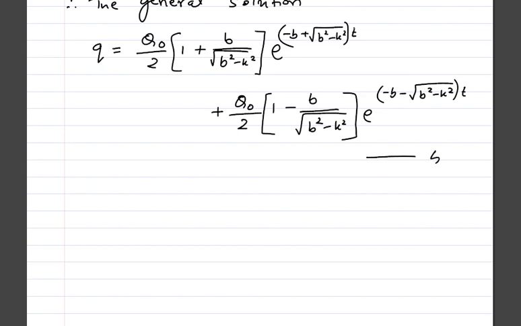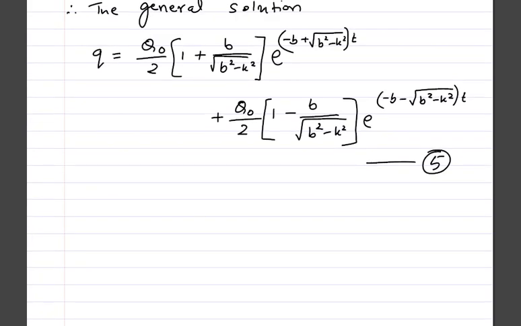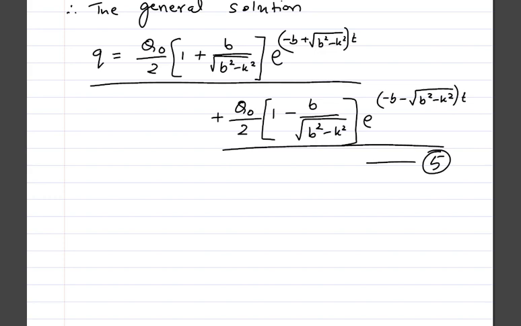So let us call this equation 5. That is the general solution for this equation, which explains how the charge is changing in the circuit.